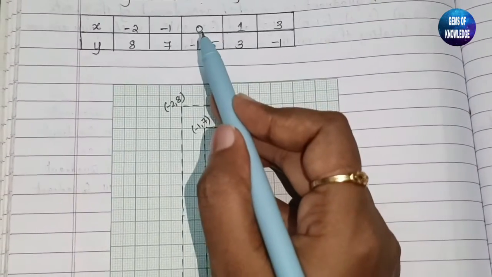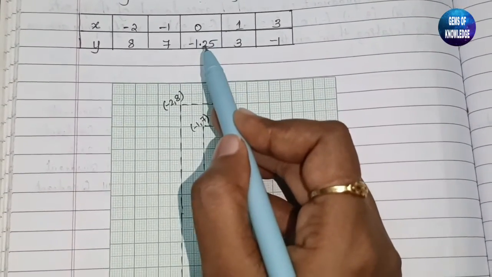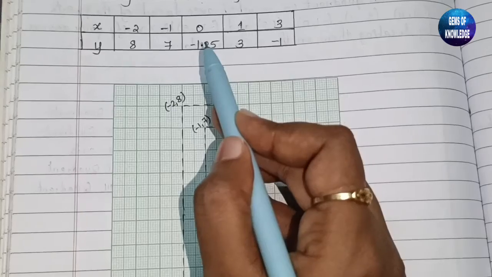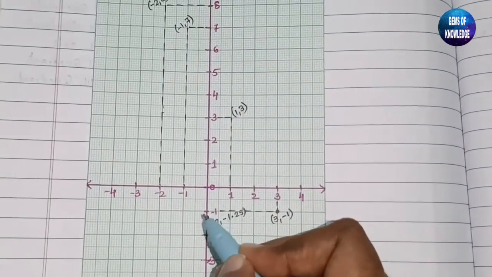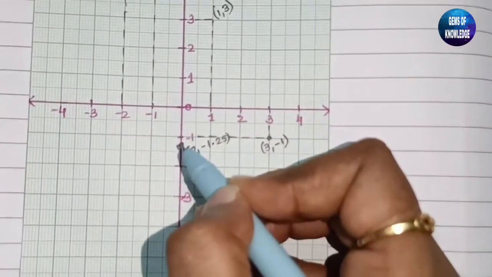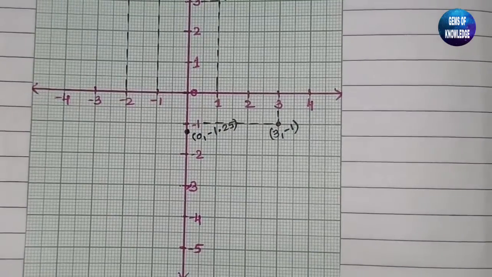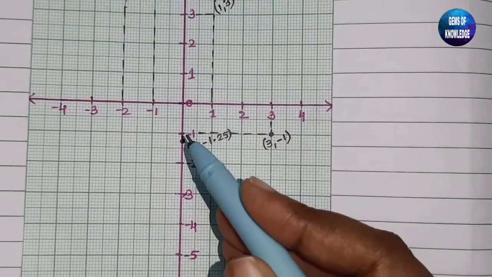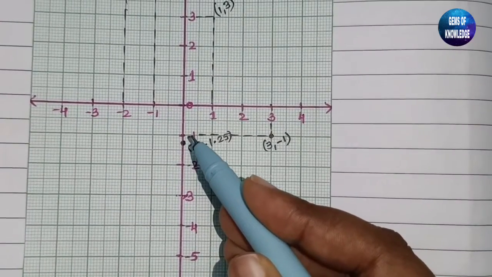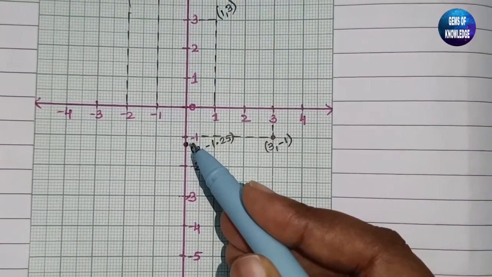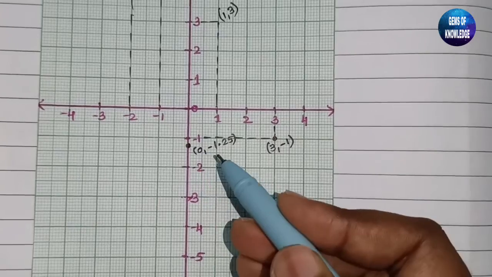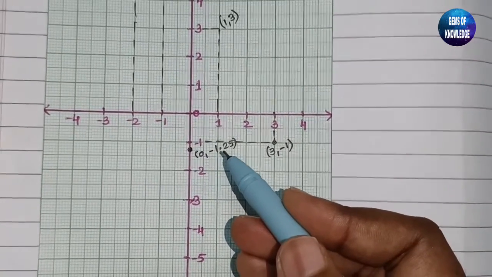So x is 0, so your point must be on the y-axis, that is the negative y-axis. So roughly I have taken it somewhere here, as you can see. Somewhere after -1, after two numbers, I have just put a dot over here, that is -1.25.